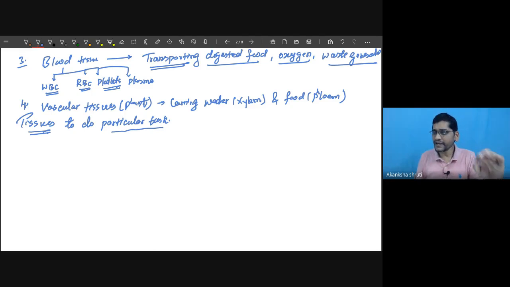Now, depending on the organism, different kinds of tissues are required.